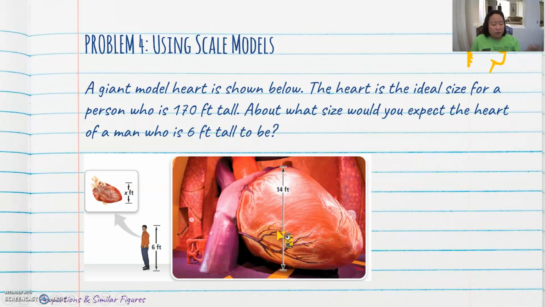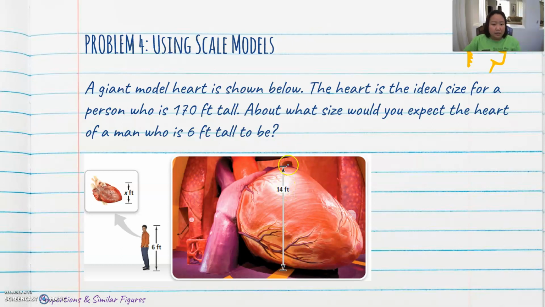If you remember, we talked about similar figures, and this is exactly what it will be, okay? When you set up your proportion, you have an option wherein you can compare big heart over small heart is equal to the height of the big man over the height of the small man. Or you can have it as heart over man, heart over man. That's how you can arrange your quantities. So let's have the heart over the height of the man.